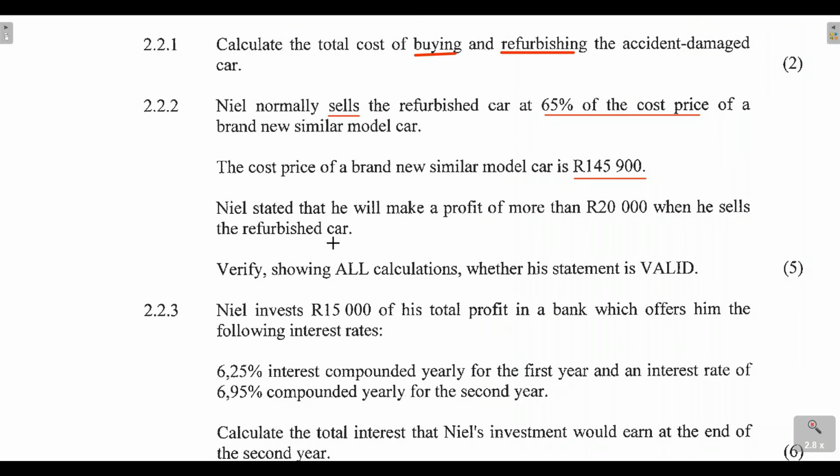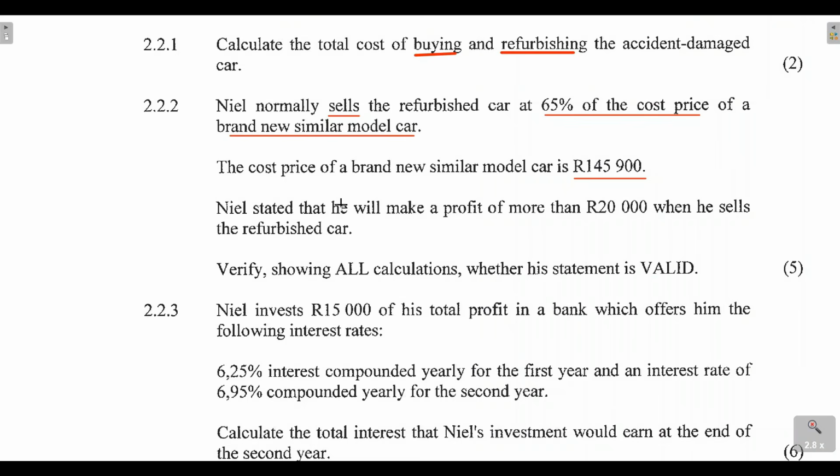So here guys, very important. We are told that Neil now sells this car that has been refurbished, fixed, repainted, panel beaten, so that it looks like a new car, at 65% of the cost price of a brand new similar model car.